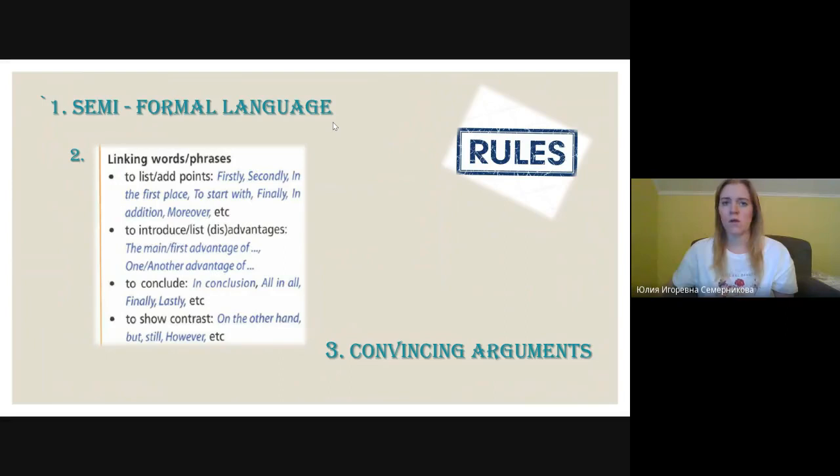First of all, this enriches your vocabulary and shows how you know the language and can use it. And secondly, that brings logic to your essay. Essay should be logical. And don't forget about the arguments. They should really be convincing. Убедительные аргументы. So you should convince the reader that you are right, that your ideas are right.